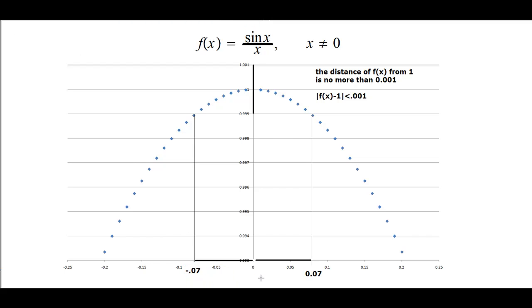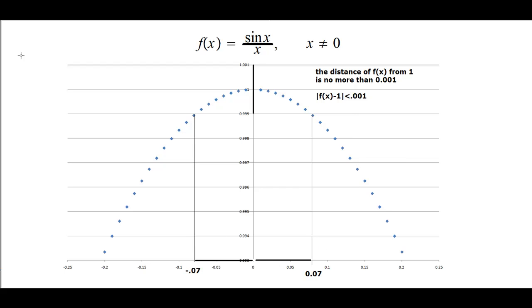So that means if we took x between negative 0.07 and positive 0.07, avoiding the value 0, then the function values will stay close enough to 1, as close as we wanted.